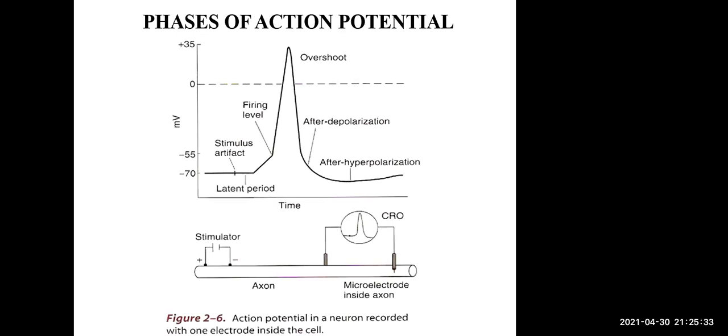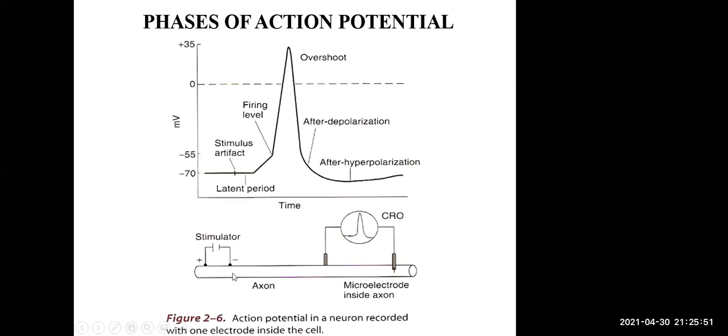Okay. Now for action potential, this is exactly the action potential. When you go through the books, you can find this kind of recording. This is the experimental recording. Experimentally, in the nerve fiber, you can see a stimulator here.